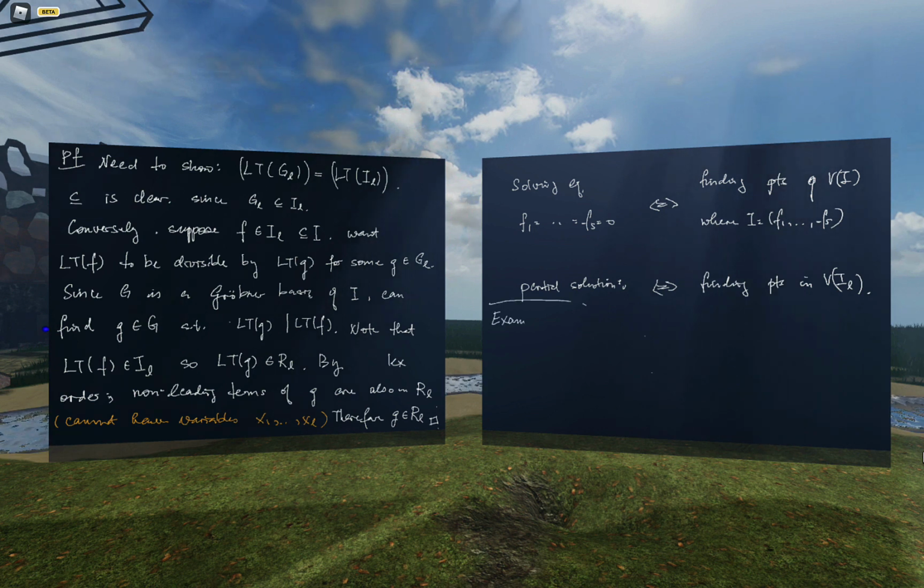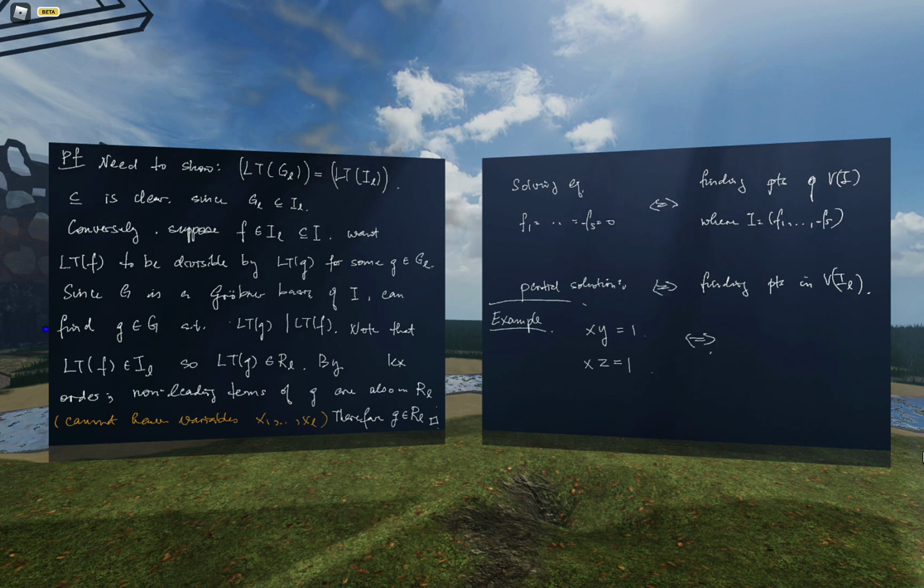So the example here is a very simple variety: xy = 1 and xz = 1. And of course, this is the same as looking at the ideal generated by xy - 1 and xz - 1. By now, when we see an ideal with generators, our first instinct should be to find a Gröbner basis for it.